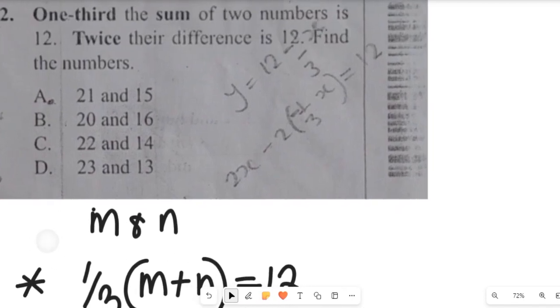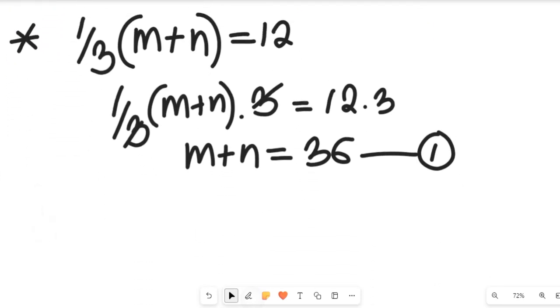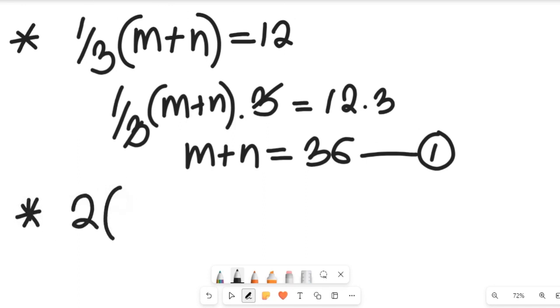Now the second expression says twice their difference is 12. 2 times their difference is 12. So the second expression, expression 2, says 2 times the difference of m and n, that is m minus n, is equal to 12.